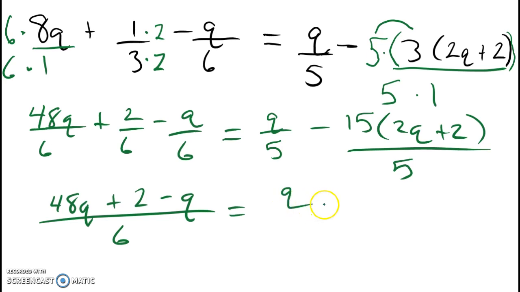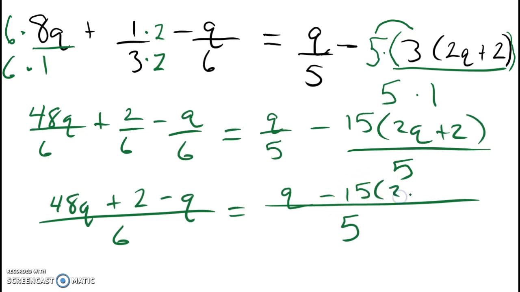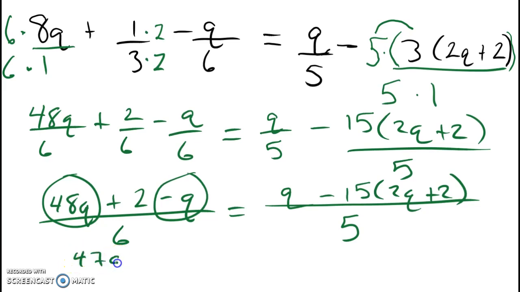So I've got q over 5 minus 15 times 2q plus 2, all over 5. At this point, I want to combine my like terms. So I've got 48 and I've got negative q here, which I'm going to combine, and I'm going to get 47q plus 2 over 6 is equal to, and I'm going to distribute the 15.